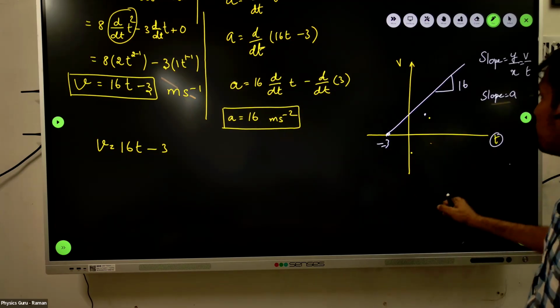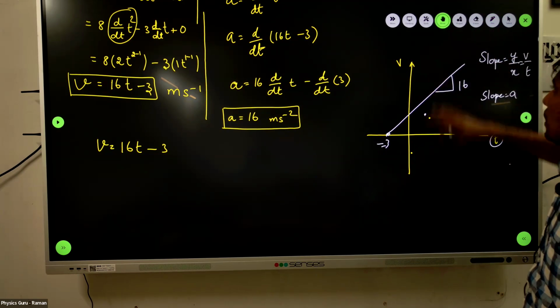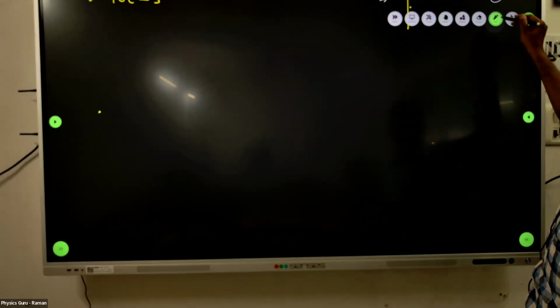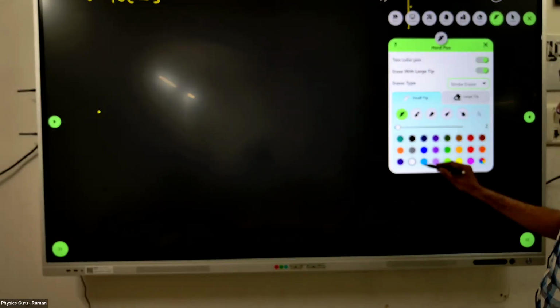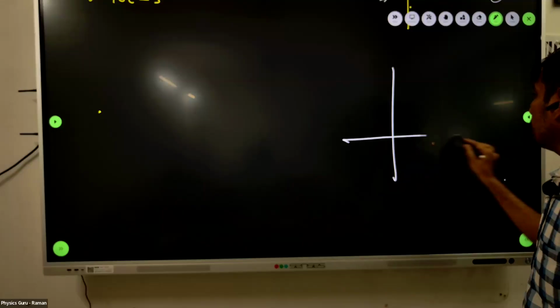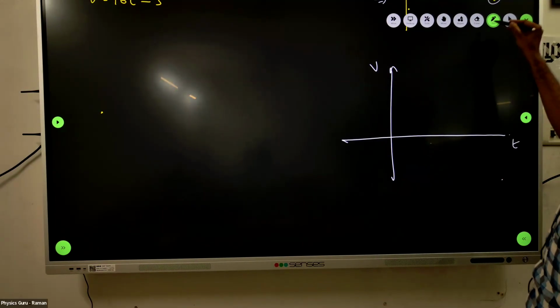So if I just reverse this function, I can represent it in this way also. I'll teach you another method to represent this; look this way, it will be even more helpful. So this is going to be velocity versus time.